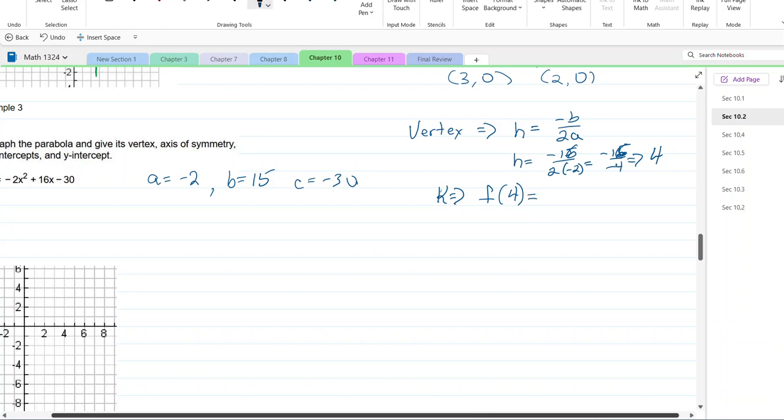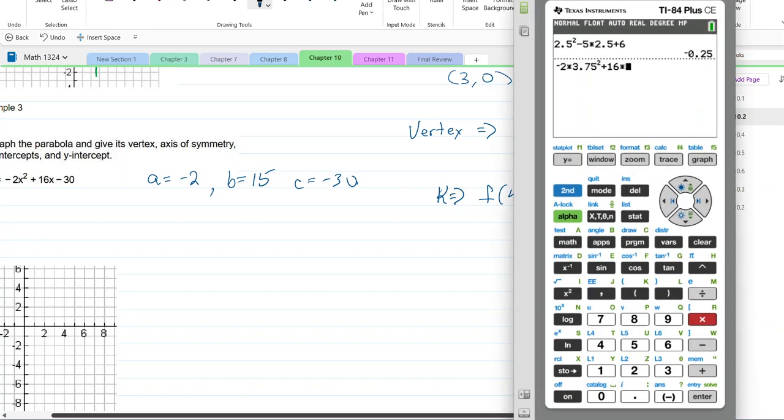All right. So that's a -2 times a 4 squared plus 16 times the 4 minus the 30. So we're going to do that on the home screen. Much easier. Sorry. I looked at that and I went, what? -2 times a 4 squared plus a 16 times the 4 minus the 30.